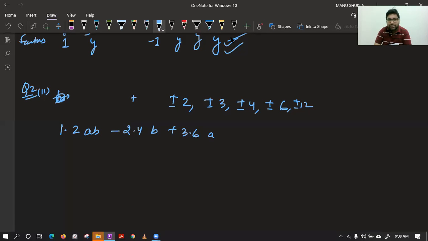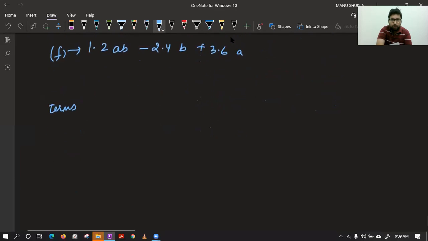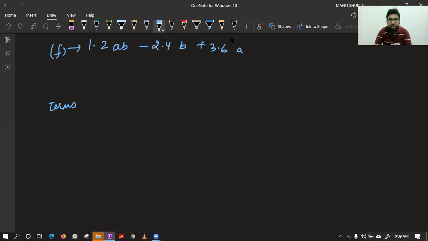Okay. Class, tell me first of all, in this F portion, what is the number of terms? Again, there are 3 terms, so we will write the terms first. The first term is 1.2 AB.